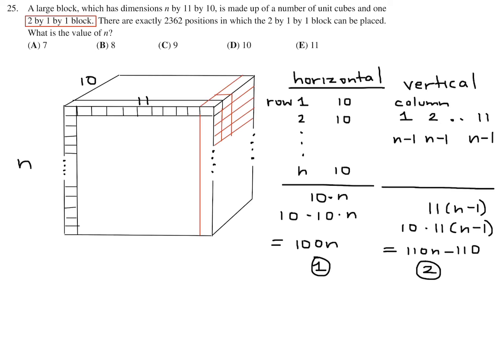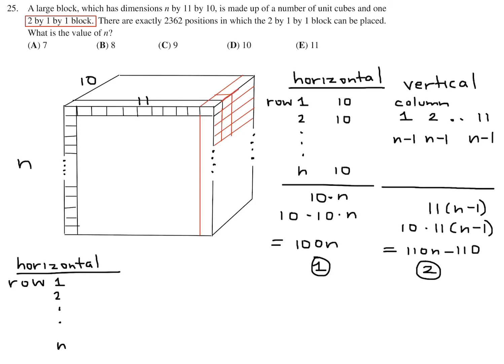Okay, in that one, let's start with the horizontal direction first. In the horizontal direction, in a very similar way to what we did previously, we got row 1, row 2, all the way down to the nth row. And in each, how many ways can I place the block? Well, let's see. I could place it like here, one way, right?